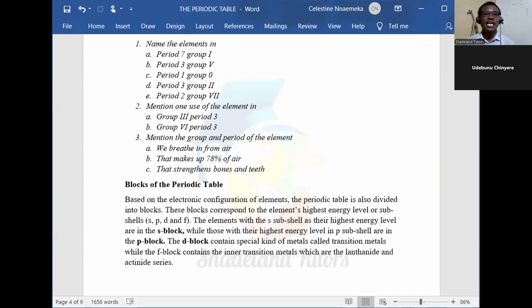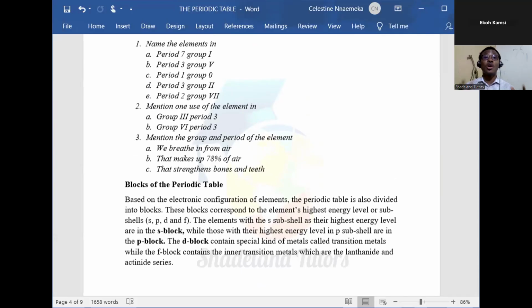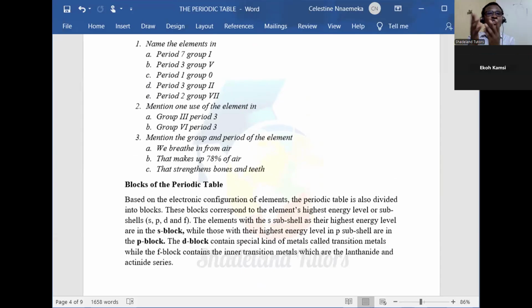Somebody is asking, what is a functional group? Functional group is a term used mainly in organic chemistry, for organic compounds. A functional group is an atom, a group of atoms, or a type of bond that determines the chemical property of a compound.